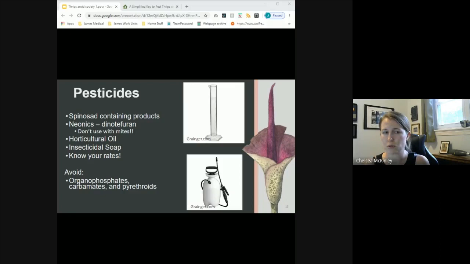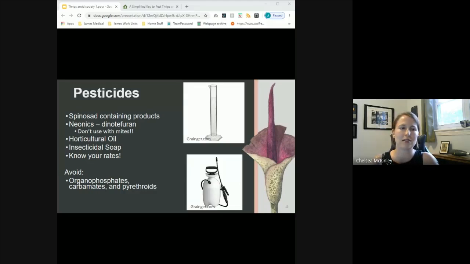If you do a drench, please only do it once a year. There are a lot of resistance issues with neonicotinoids, and you really don't want to be developing your own special population of resistant pests in your home by continually applying the same pesticide over and over again. What you want to do is rotate.